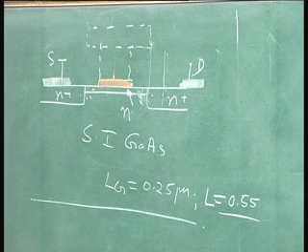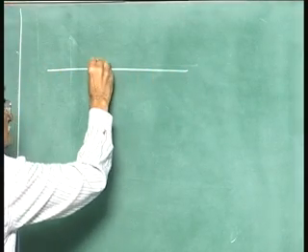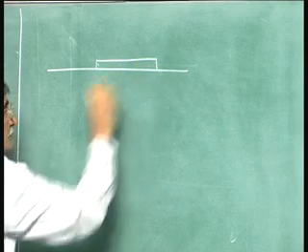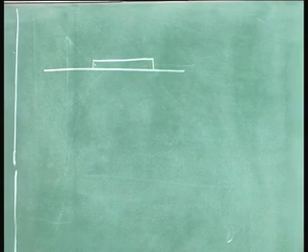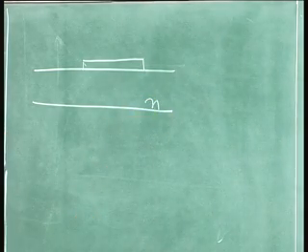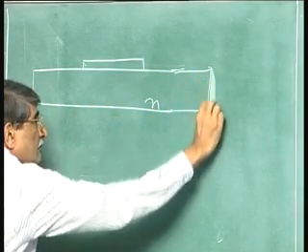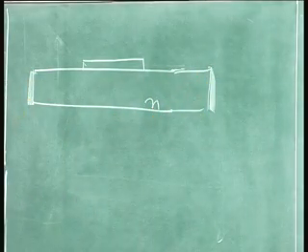So, now let us see what happens. Let me just draw this diagram a bit amplified, here. Suppose I have a channel like this, that is the n layer, I am just magnifying that, and I have the contact far away corresponding to that, that is the contact.